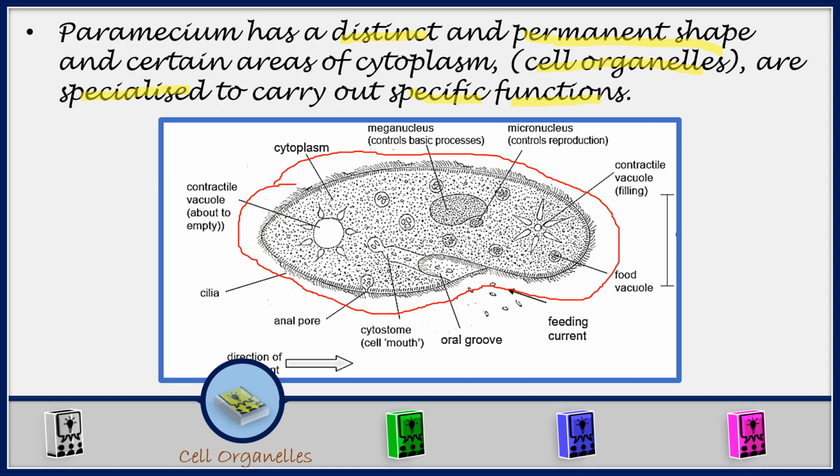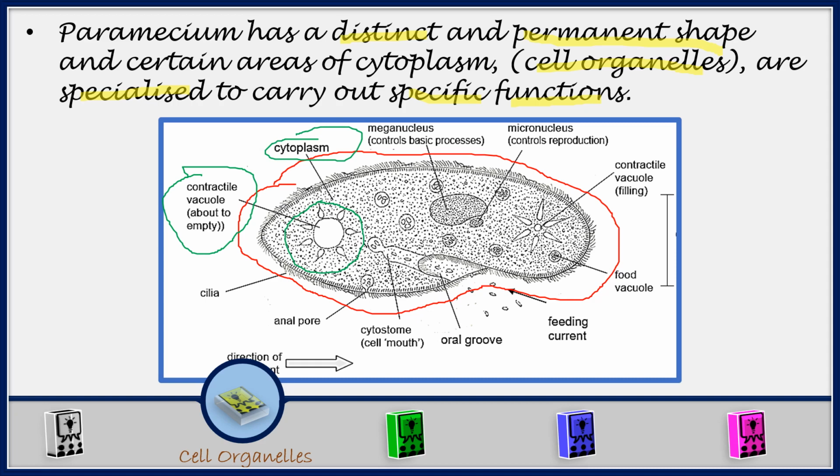Every part of the paramecium, we shall see different parts. It has a contractile vacuole, the one we are seeing in the middle here. That is a contractile vacuole. It is a cell organelle and it has a function. It has a very large cytoplasm.